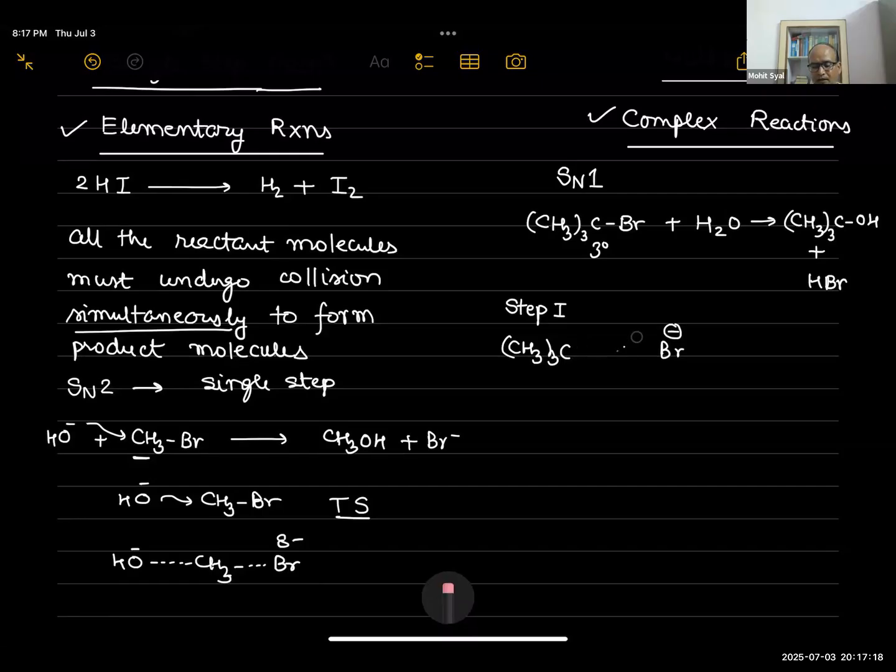I will write it. This is the first step. So all of the reactant molecules have not participated in the reaction, as you can see here, right? They have not participated.